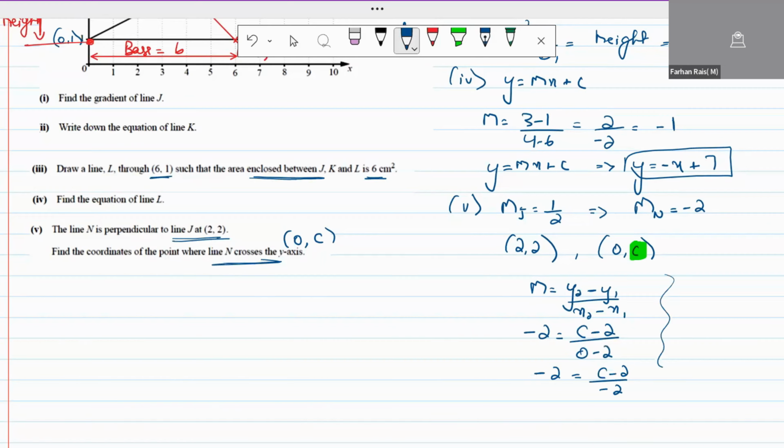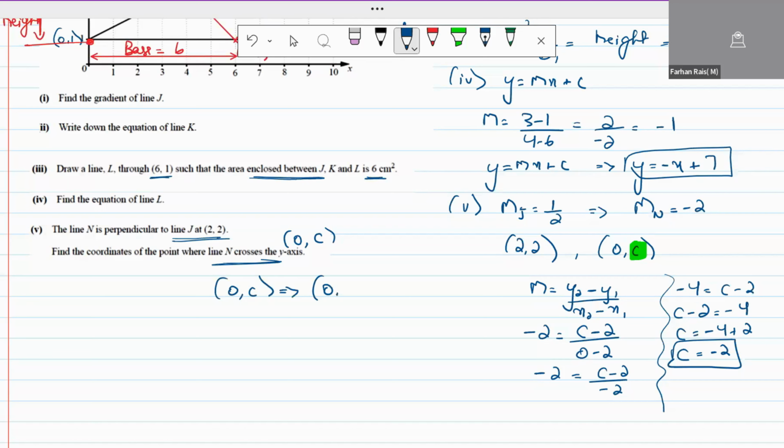Cross multiplication, we get -2 into -2, that's -4, is equal to c minus 2. So c minus 2 is equal to -4, and we get c as -4 plus 2, which is -2. So the point where the line crosses the y-axis, which we supposed as 0, c, is basically the point 0, -2.